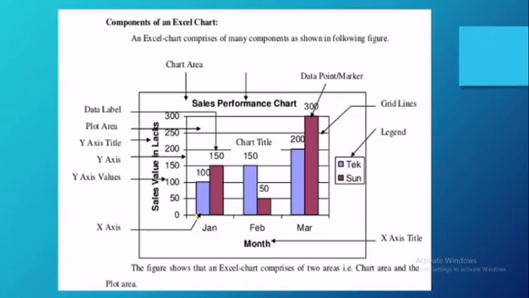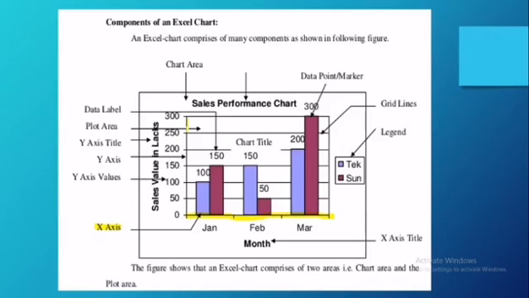So here this horizontal axis, I am highlighting it for you, that this horizontal axis is known as x-axis, as it is written over here that this is the horizontal axis of the chart and it is known as x-axis.